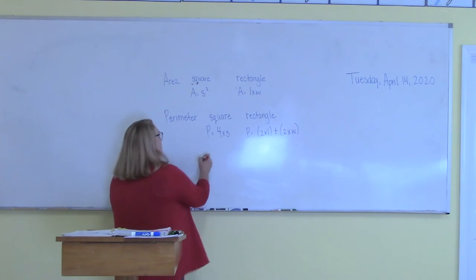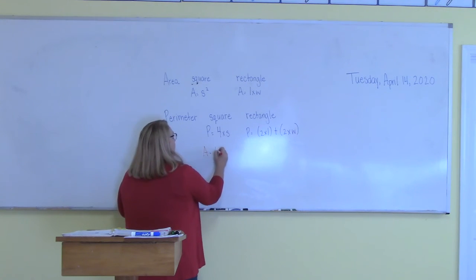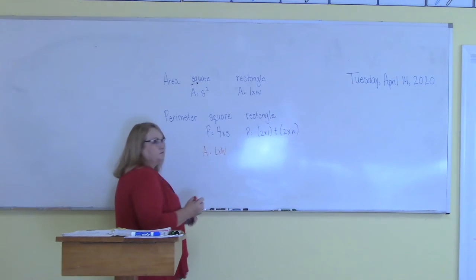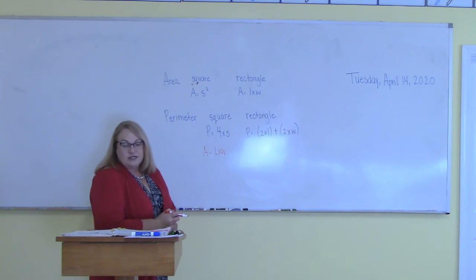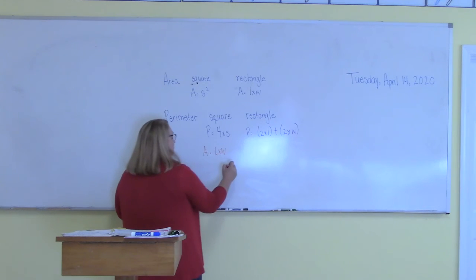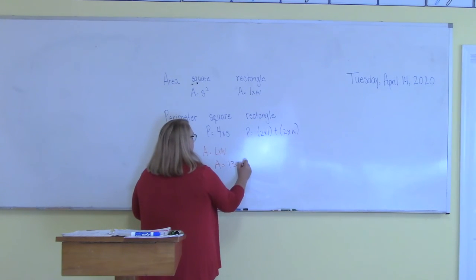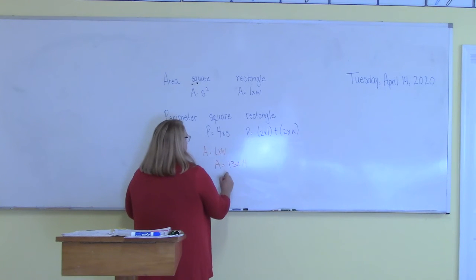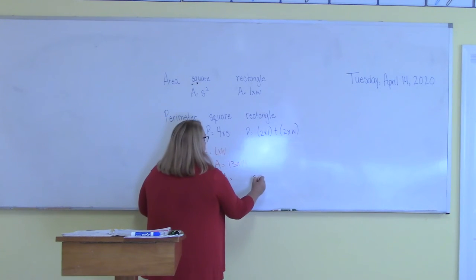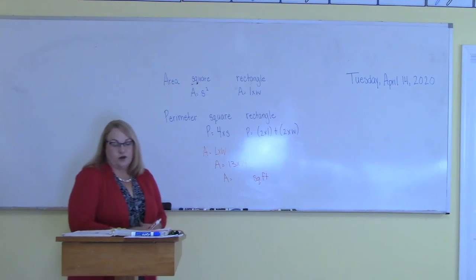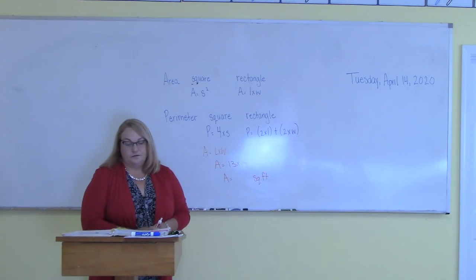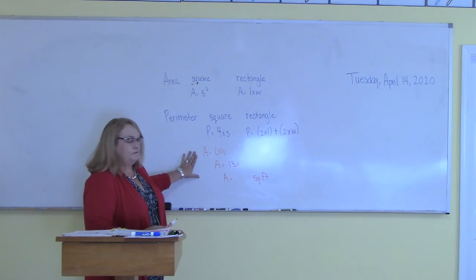Okay, remember your formula will be area equals length times width. 13 times 14. Okay, find your answer. Remember, it will be in square feet. This is 5A.